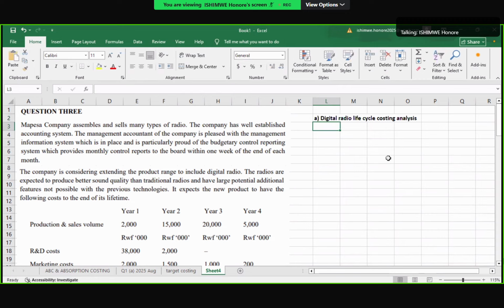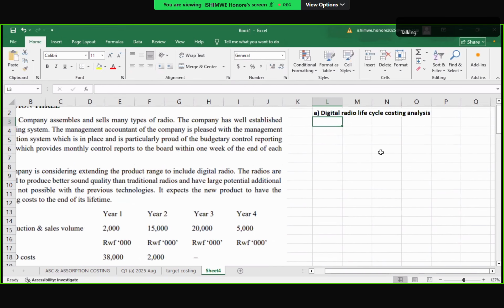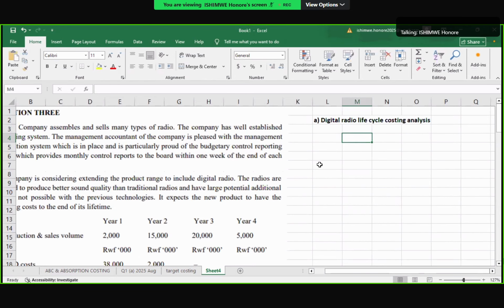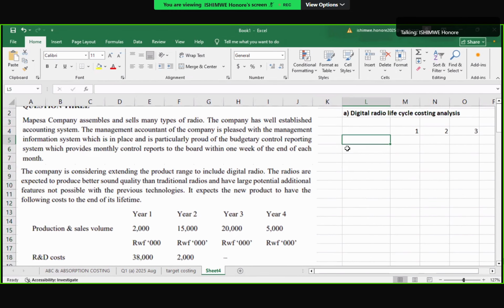Okay, now you see we have year 1, year 2, year 3, and year 4. That is the lifespan of this product, of this radio. So we have where to start.